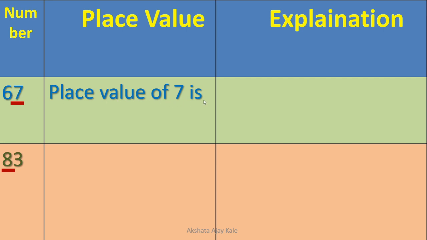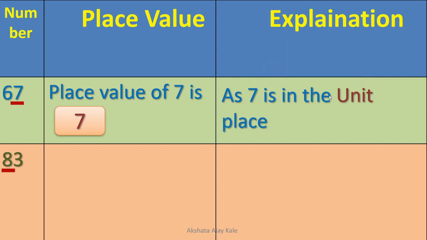The place value of 7 is 7 because that is a single. It is in unit place. Same explanation we are going to give here, as 7 is in the unit place. So the place value is only 7. Got this?